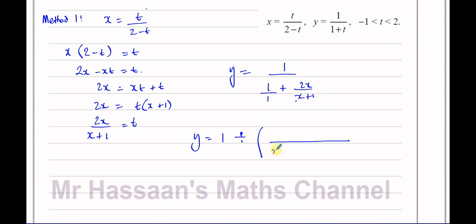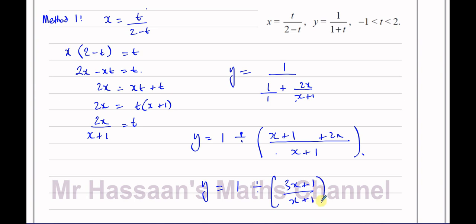So this will be x plus 1 over x plus 1, and I'll have plus 2x over x plus 1. So I've made this into one fraction with the common denominator of x plus 1, which becomes x plus 1 plus 2x. Now y equals 1 divided by, and here I have 3x plus 1 over x plus 1.